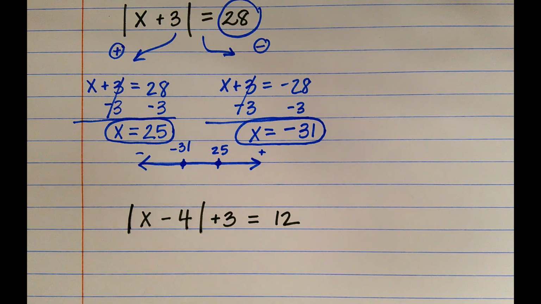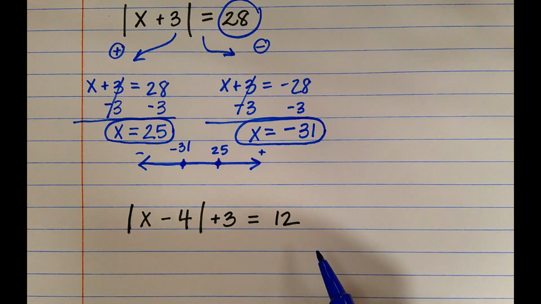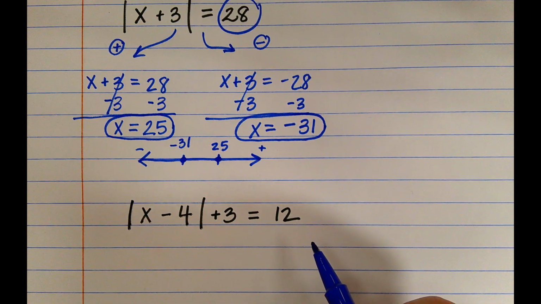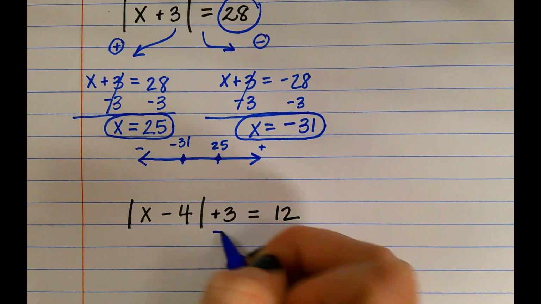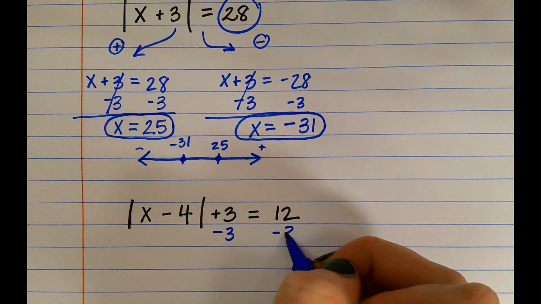What is the extra thing I have to do before I can split this into 2 equations? Minus 3, minus 3.